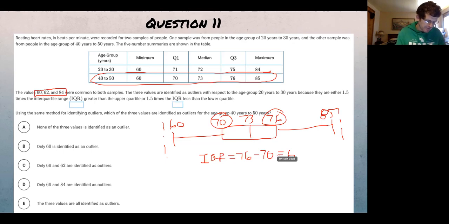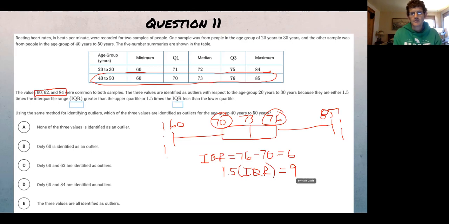Now 1.5 times that is going to be 9. So I want to figure out where the fences are going to be. 76 plus 9 puts my fence actually right here at the max. And then 70 minus 9 puts it at 61.